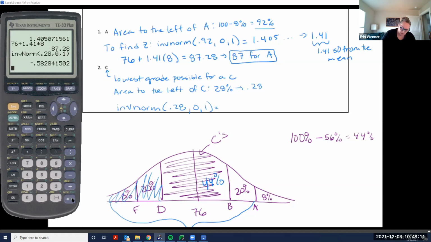And we get negative 0.58 and so on. Again, we're only using a z-score rounded to 2 decimal places, so we're going to use negative 0.58.